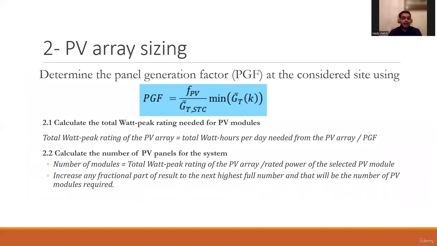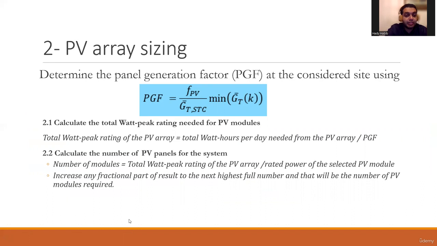To size the PV, you need to know a scientific word which we name the panel generation factor, which has the abbreviation PGF.